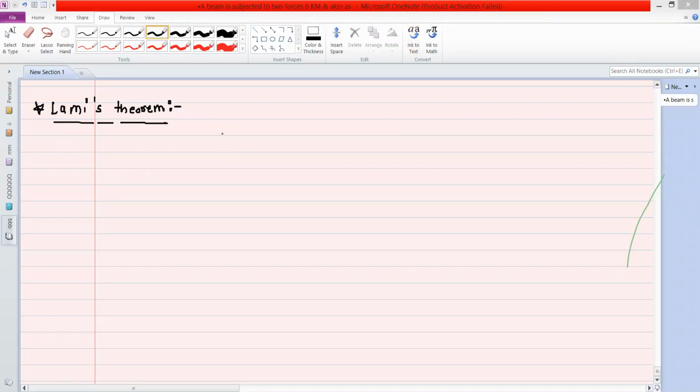Okay, so in equilibrium there is one concept of Lami's theorem. Basically Lami's theorem is used for the equilibrium problem when there are three forces, and these three forces are passing through the same point. So it is used for the concurrent force system.